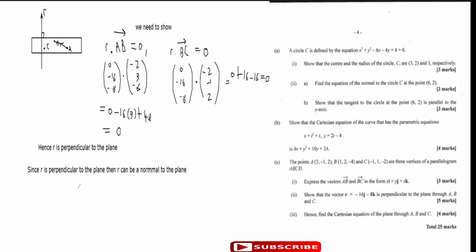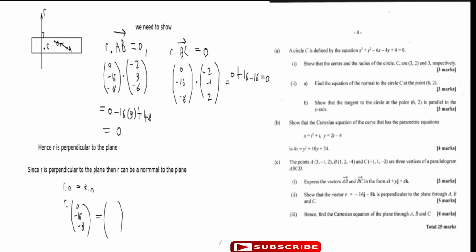Then we know that the vector equation of any plane is r dot n is equal to a dot n. So it works out to be r dot n, in this case n is 0, minus 16, minus 8, and that's equal to a dot n, where a is a known point on the plane.